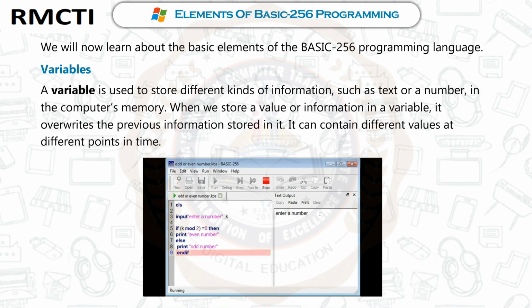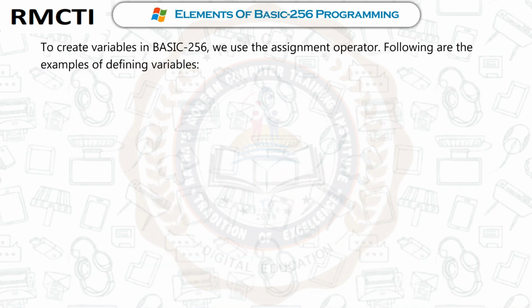When we store a value or information in a variable, it overrides the previous information stored in it. It can contain different values at different points in time. To create variables in BASIC-256, we use the assignment operator.